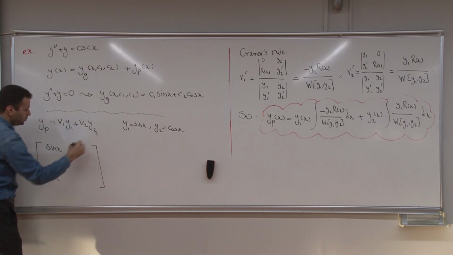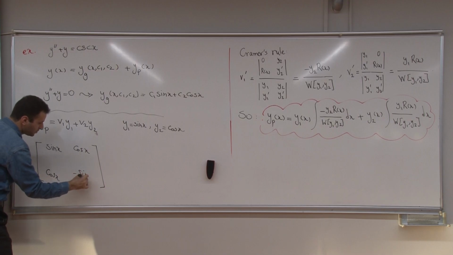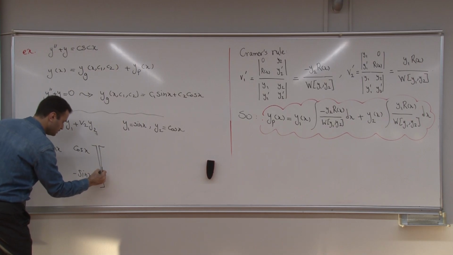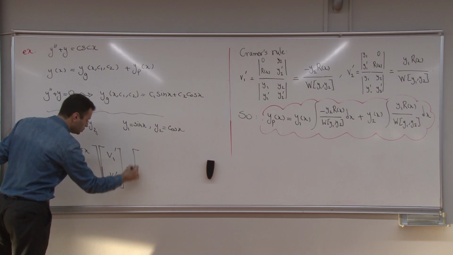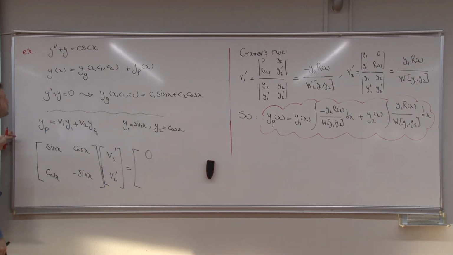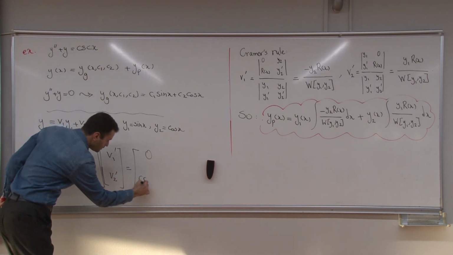What is y2? Cosine of x. What is the derivative of cosine of x? Minus sine of x. Okay. I have v1 prime, v2 prime equal to 0 and r of x. What is r of x? Cosecant of x.